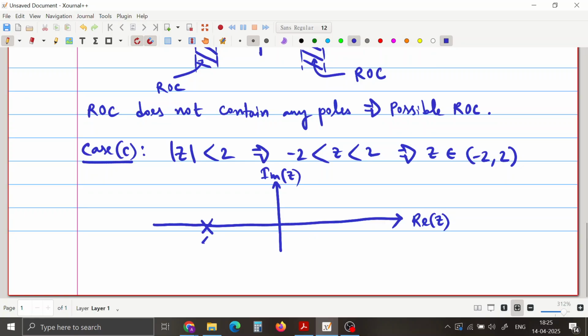Okay, so we had a pole at -4, at +3, and now the region is within -2 to +2.